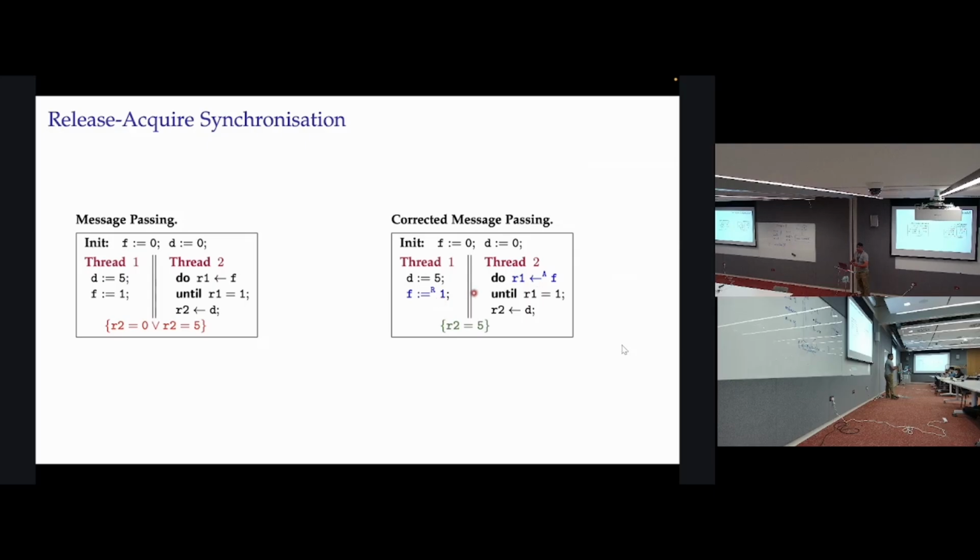Then we saw that that gives you the synchronizes-with edge, and that allows you to prove that the information from this thread is propagated to this other thread, which means that when you read d to load it into R2, you get the expected value. Everyone happy with that? That was just from half an hour ago.